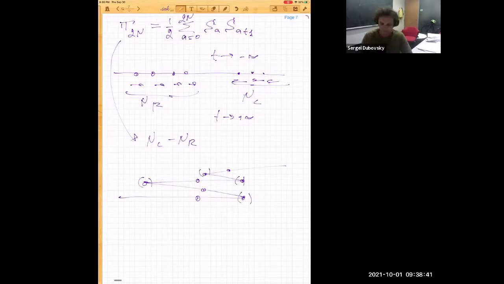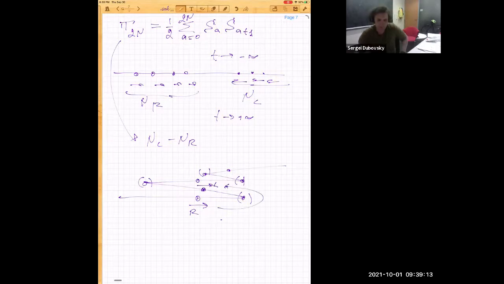And then the definition of whether a particle is left moving or right moving is with respect to the world sheet of the string. So for instance, for this particle, if it moves this way, that would be a right mover. However, for this particle, because the world sheet goes this way, if this particle goes this way, that would be a left mover, because the world sheet made this zigzag here.